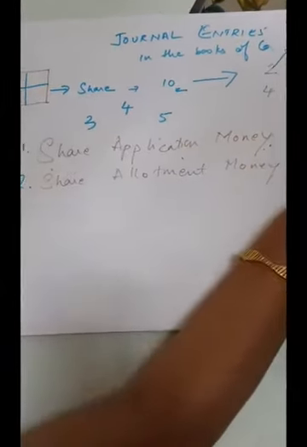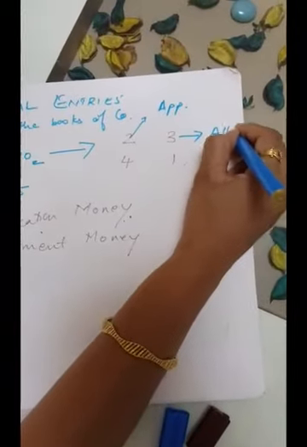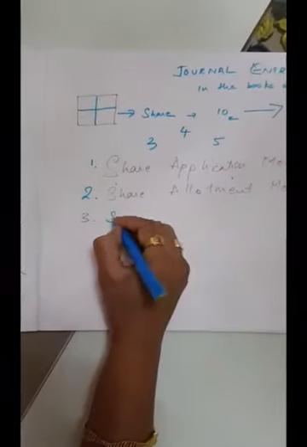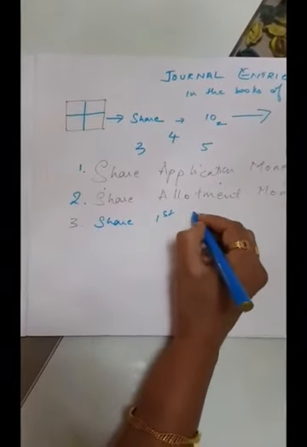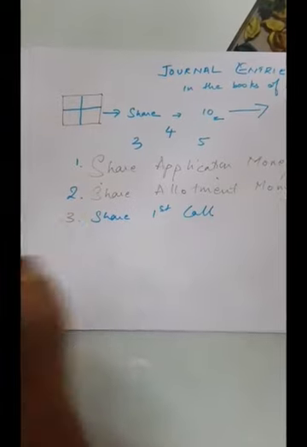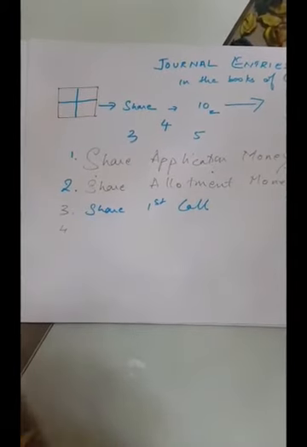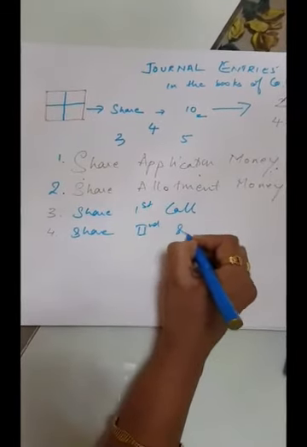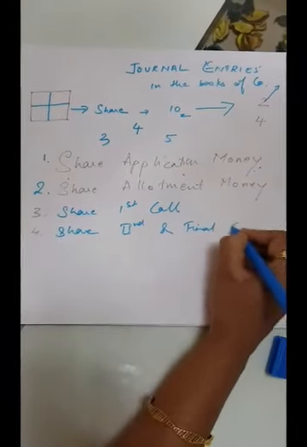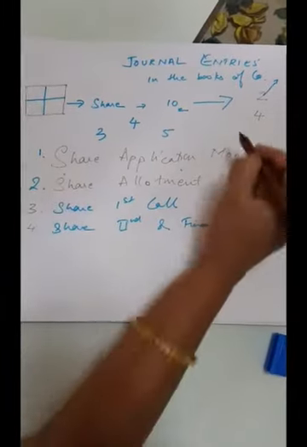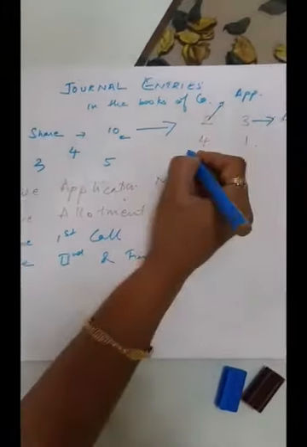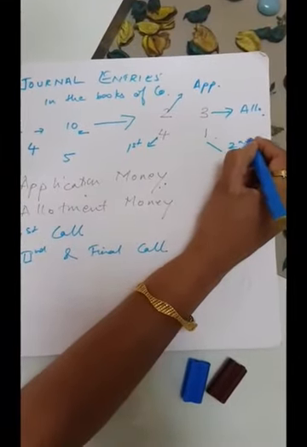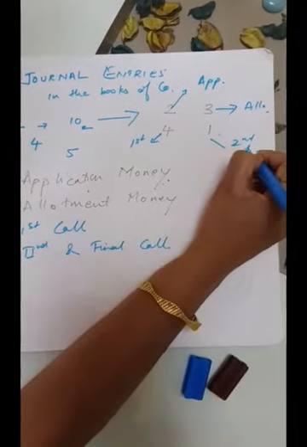The third part is known as share first call. Fourth would be known as share second and final call. So this would become your share first call. This would become your share second and final.